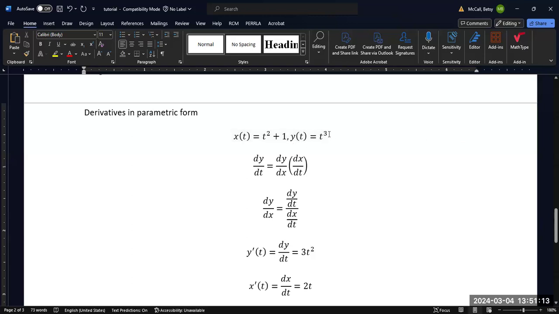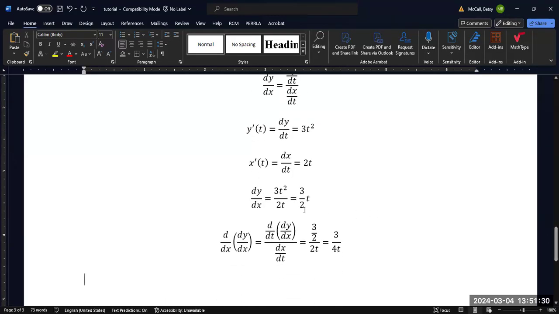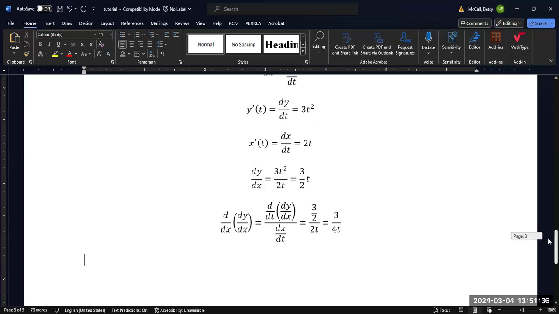So we could solve for t here, plug that into here so we could get a function of x and y. And then from there, we could find our derivative for y with respect to x directly. And then we would be able to see that if we, in fact, substituted t in for wherever we had x and y, we should get this exact expression back again, so that they are, in fact, algebraically equivalent.